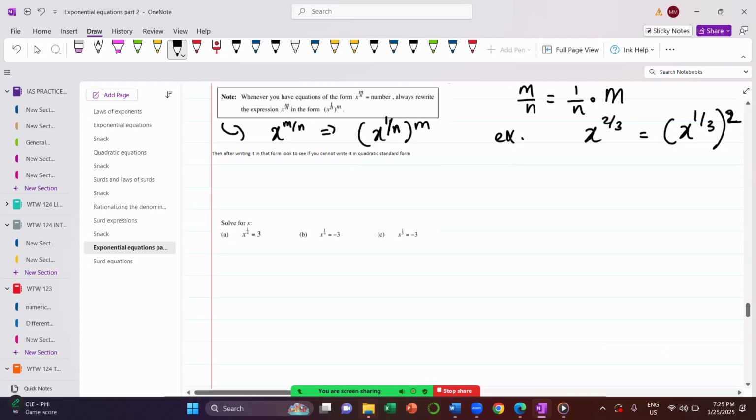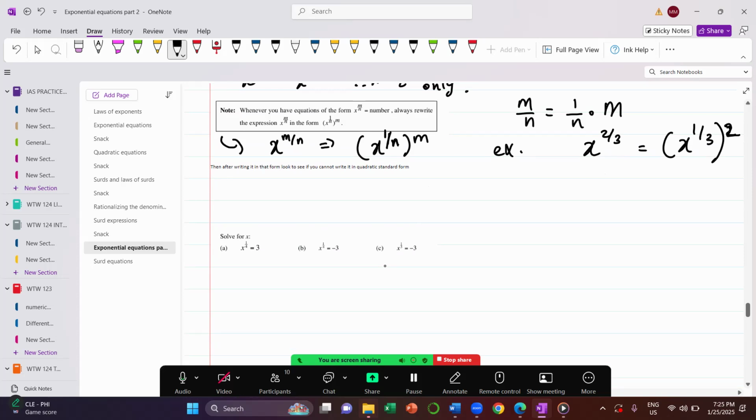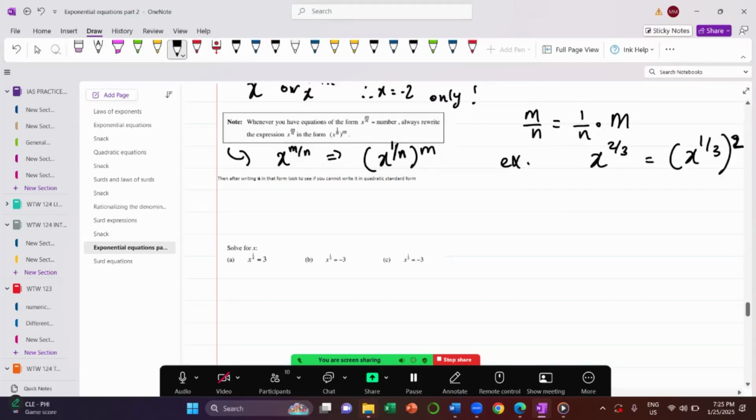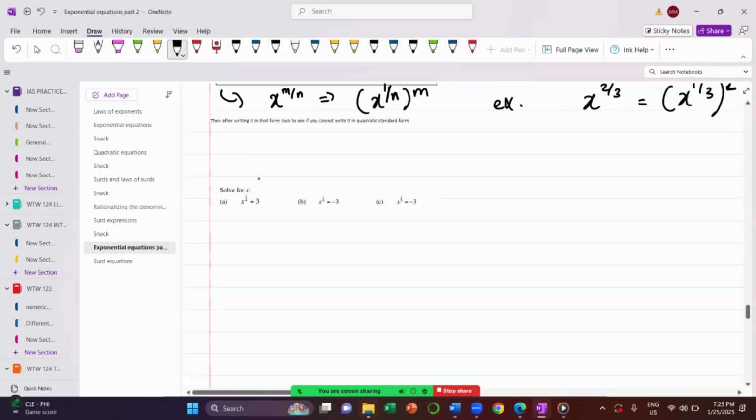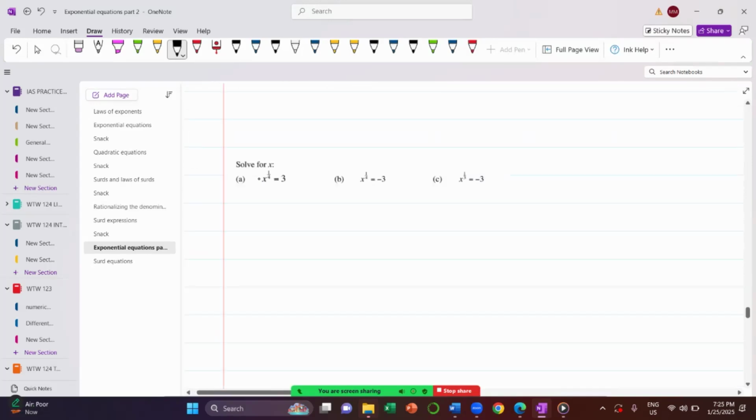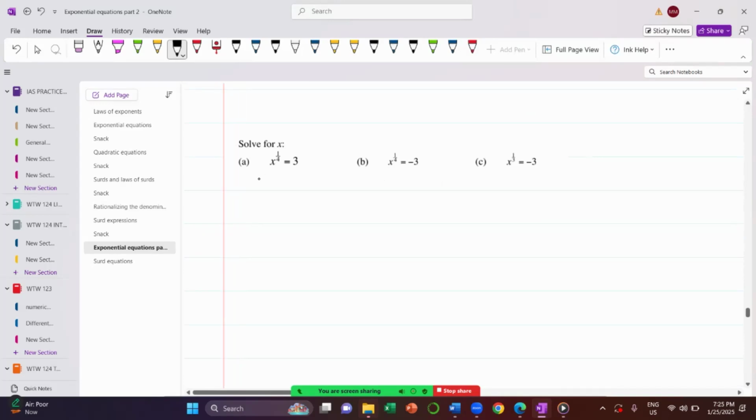So now let's solve for x in these types of questions with rational exponents. For letter A, I was given x to the exponent of 1 over 4, all equal to 3.